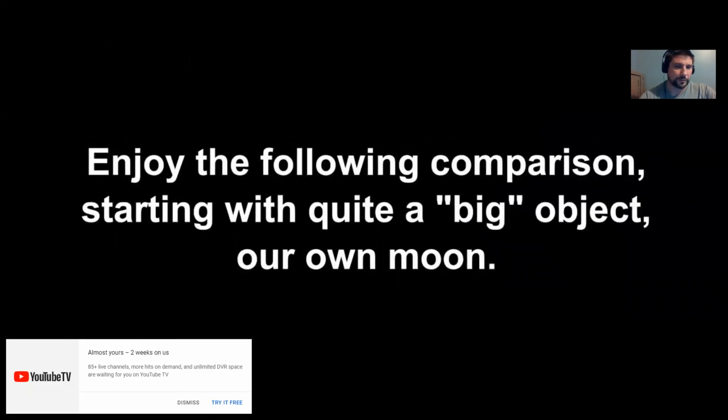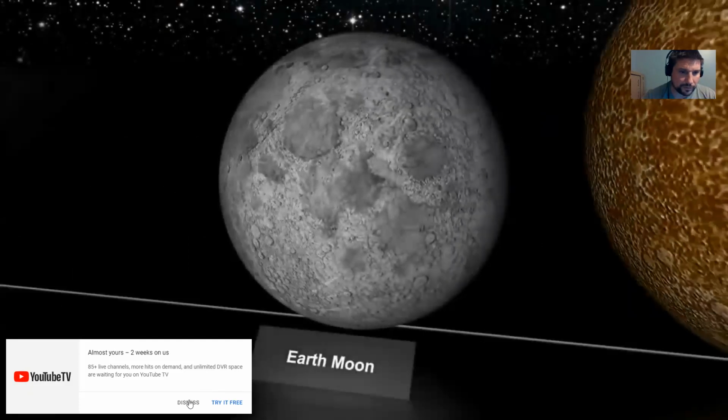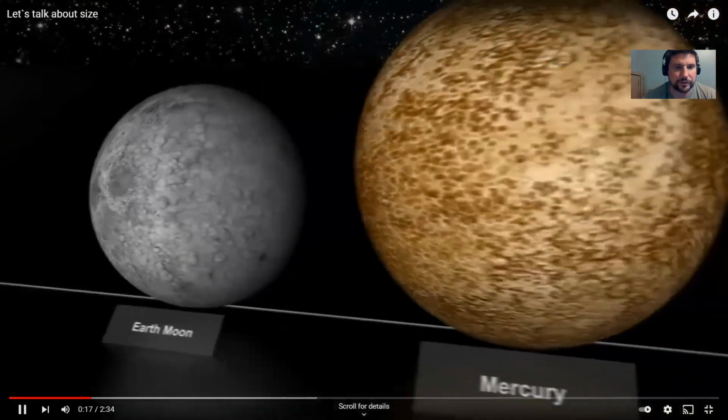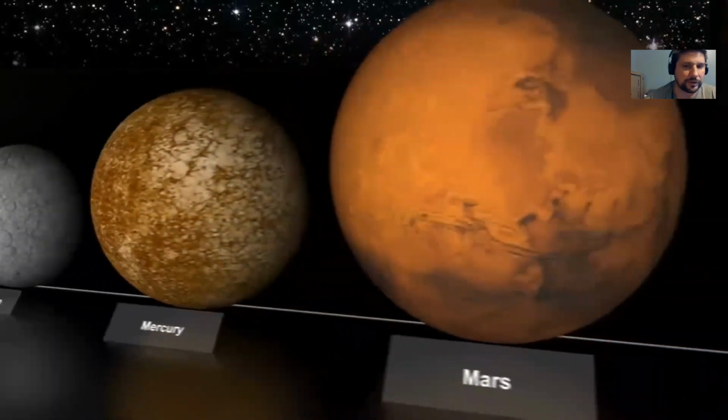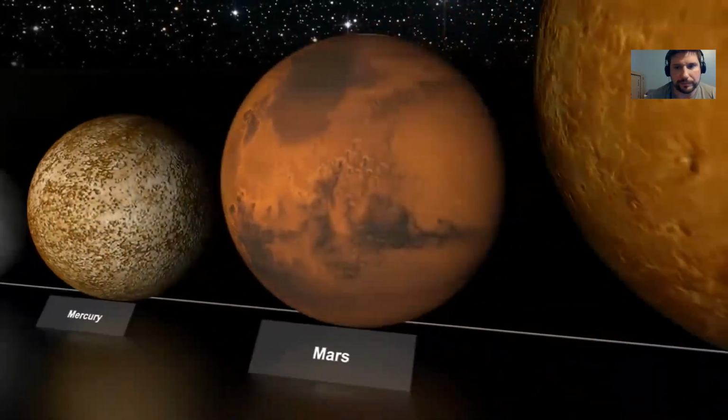So we start off with the moon. It's going to just show increasingly large objects through the solar system and give you an idea of the scope of the size of stars that are out there.